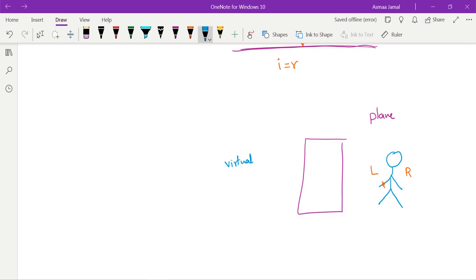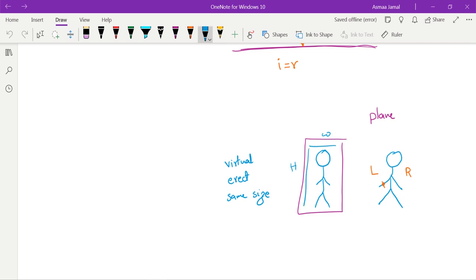A virtual image, we cannot put on a screen. A virtual image is also always erect. So here you are, erect, not inverted. And it also has the same size as the object, the same width, the same height.